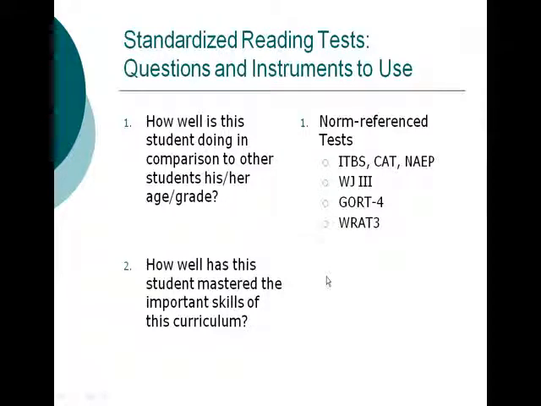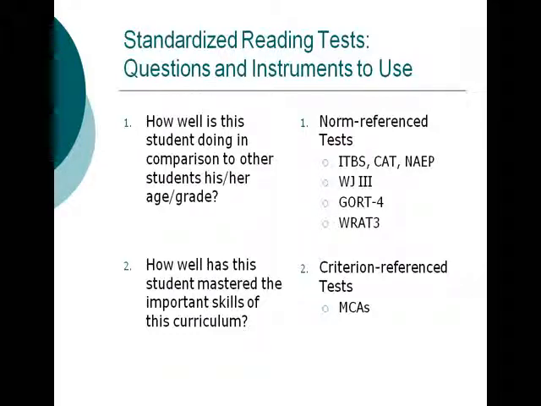Now, if we go back to criterion referenced, how well has this student mastered the important skills of this curriculum? That's criterion referenced. And our best criterion referenced test that's widely given in Minnesota is the Minnesota Comprehensive Assessments, because they can say this student has mastered these sets of skills and is proficient. This student is not proficient, is not progressing as he or she should. So those are the 2 main kinds of standardized reading tests.